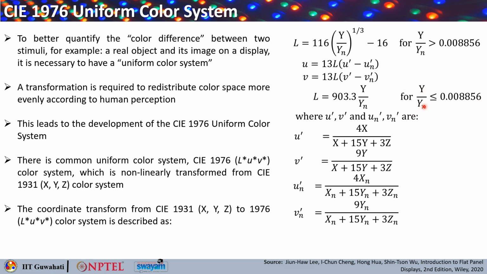Now if this ratio Y by Yn is less than or equal to 0.008856, then this particular equation can be used. Now what are these u prime, v prime and un prime, vn prime?